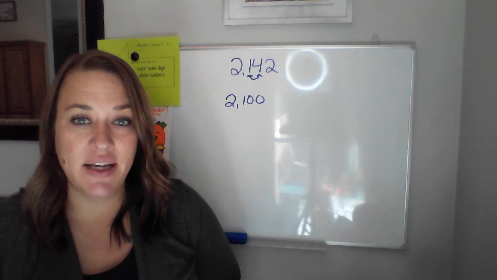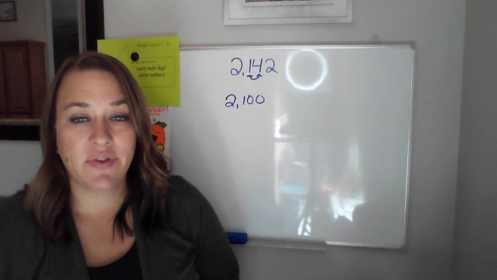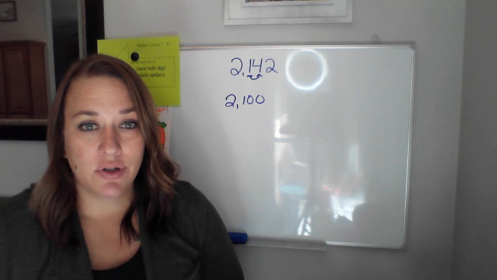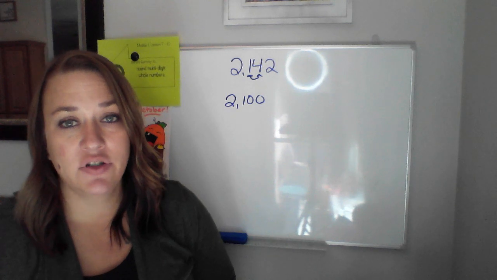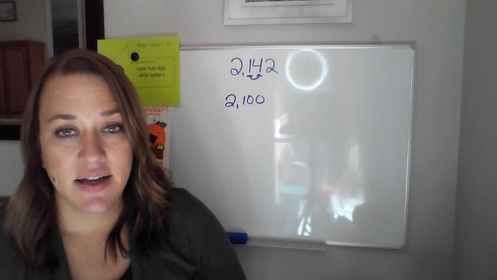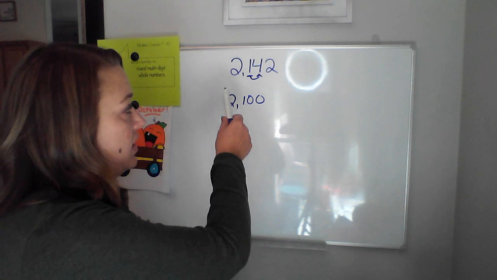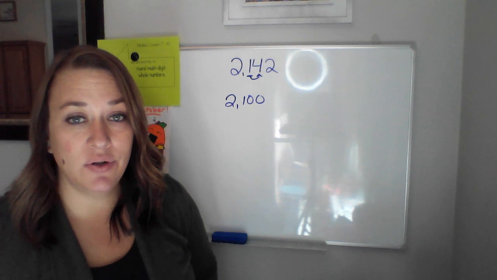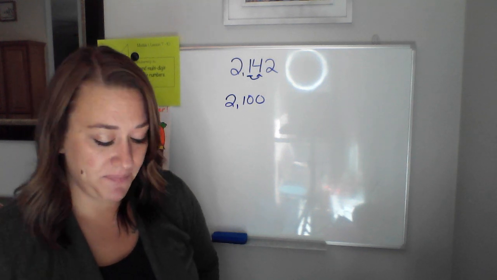So when you have something like this, it might make more sense to use your reasoning and say, well, if I need 2,142 water bottles, I should probably order 2,200, right? To make sure you have enough, or 2,150. But because of our rounding rules, anytime we round all these numbers that are less than 5, no matter which place value we round to, we're going to get less than the amount that we need. Okay?